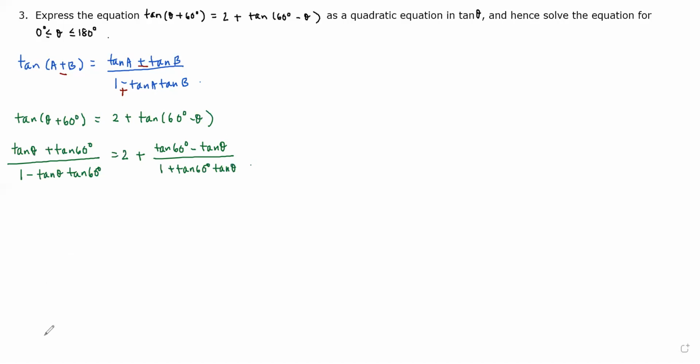Tangent 60 degrees is square root of 3, so all these can be replaced with square root of 3.